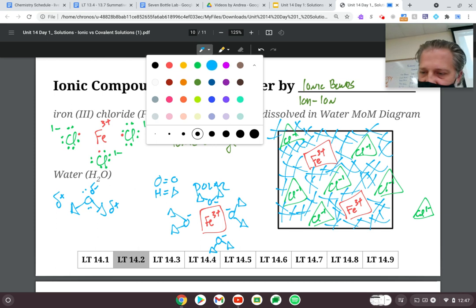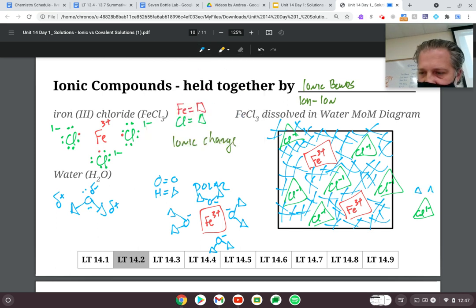The positive part of water would orient itself around the chlorine. So that's what happens when you dissolve an ionic compound into water. Ions are charged. Water is superpolar, so it's basically charged. And you end up with that situation there.